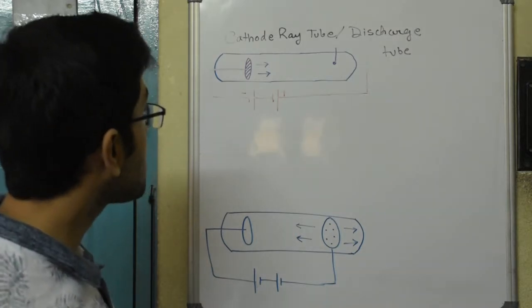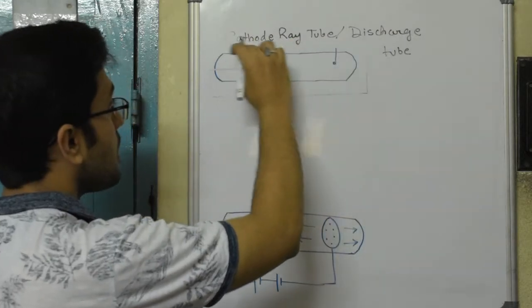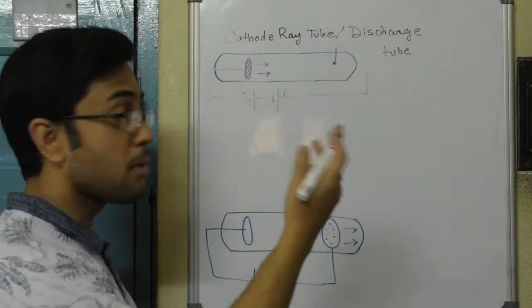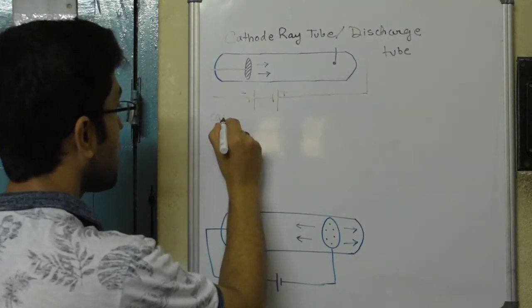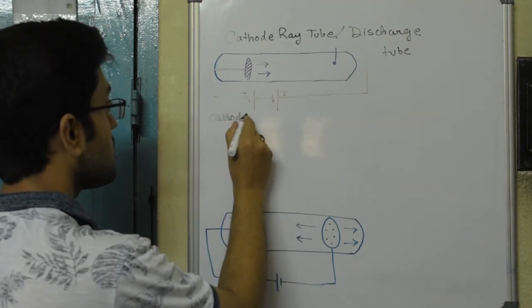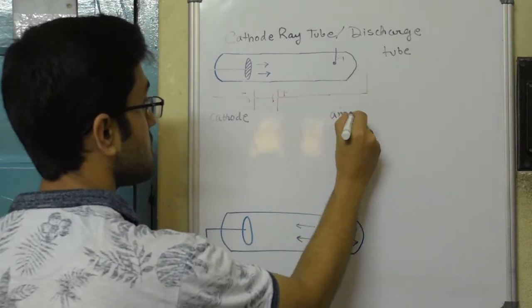So what is the construction of this? First of all, there is this cylindrical column, generally made of glass. This one here is the cathode, and this one is the anode.